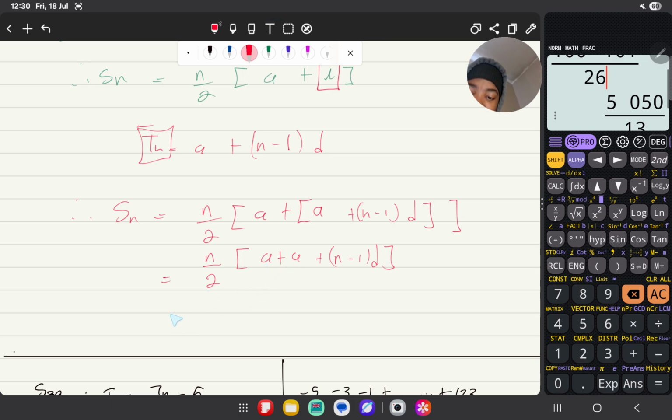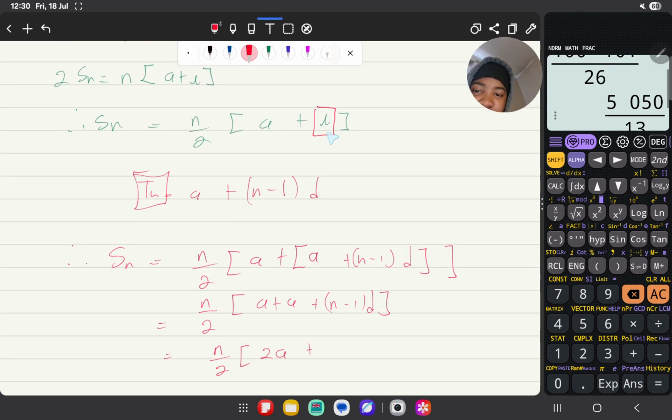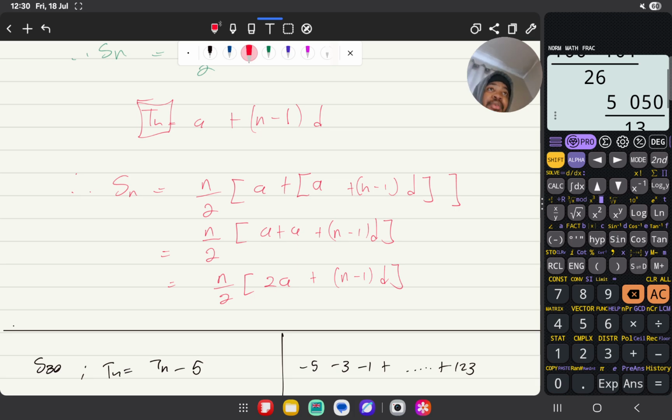Therefore we have n over 2 times 2a, right, plus, let me see, I substitute where we see L, substitute this, I have 2, right, and then I have, so this is just (n minus 1)d. Perfect, guys. So yeah, perfect. I'm very happy.